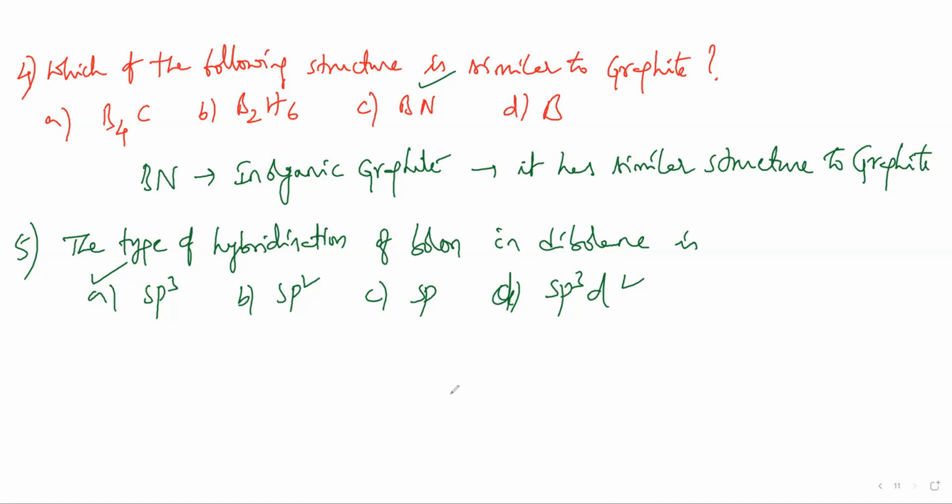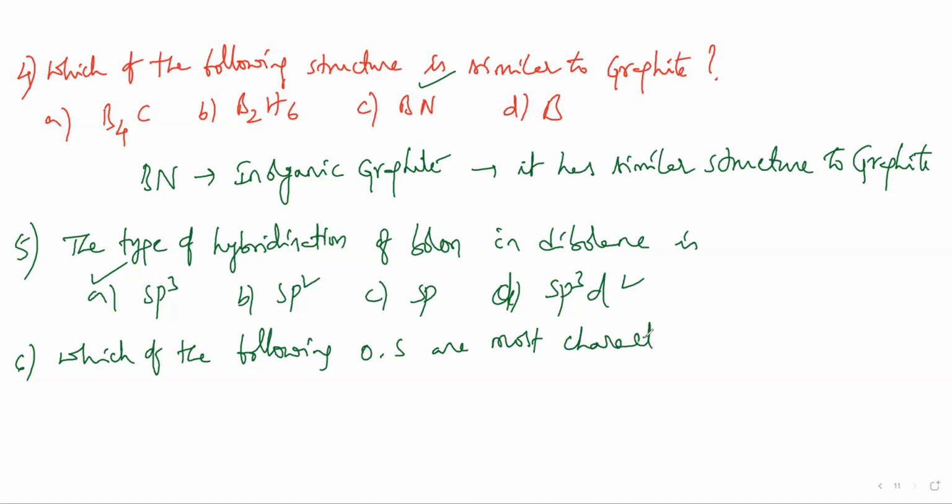The next question. Which of the following oxidation states are most characteristic for lead and tin?